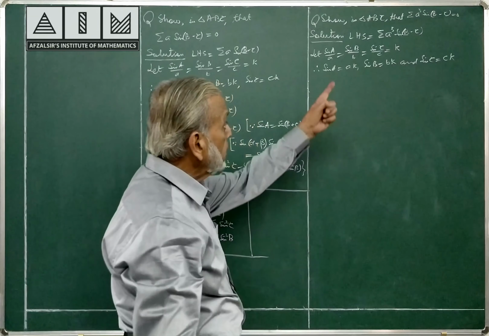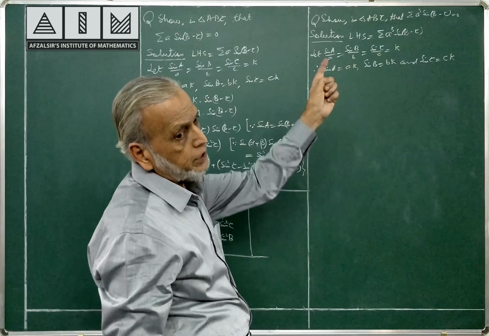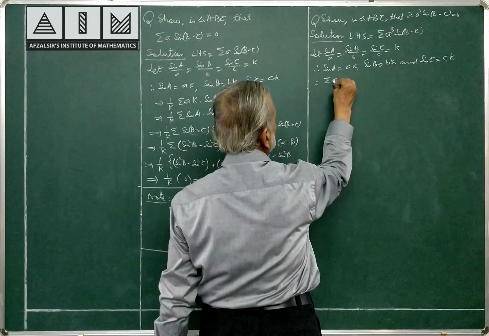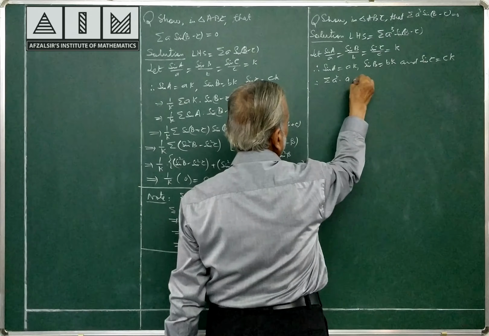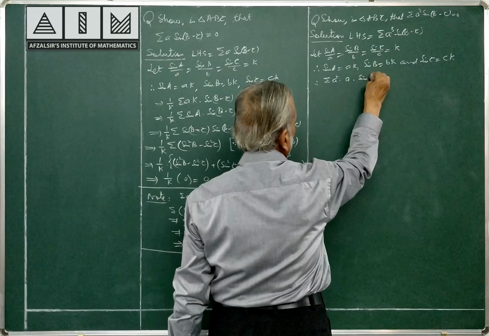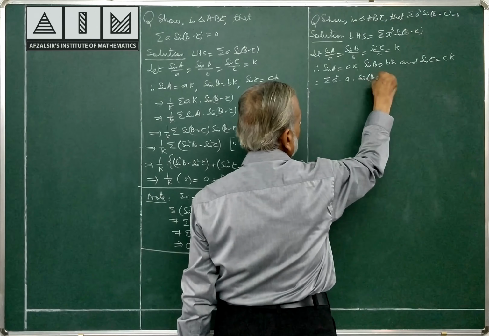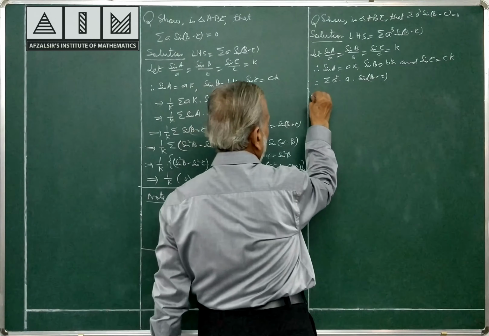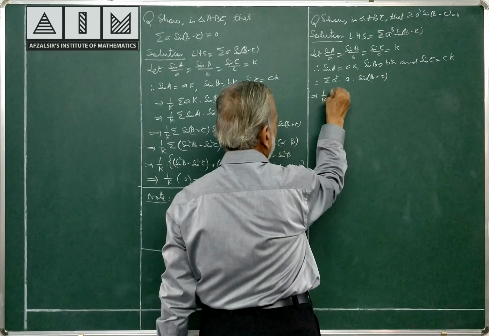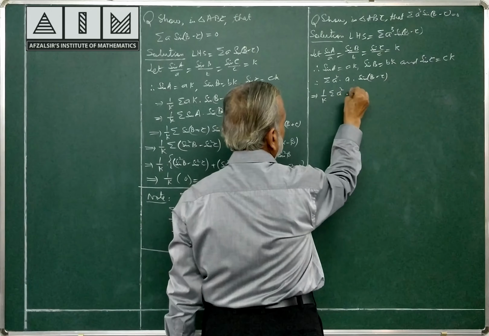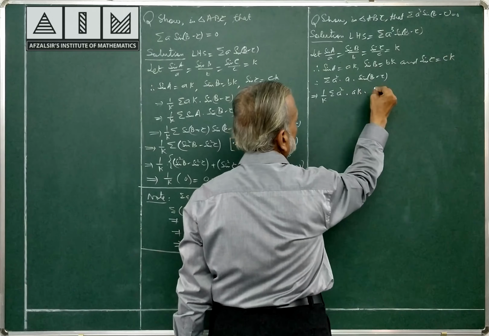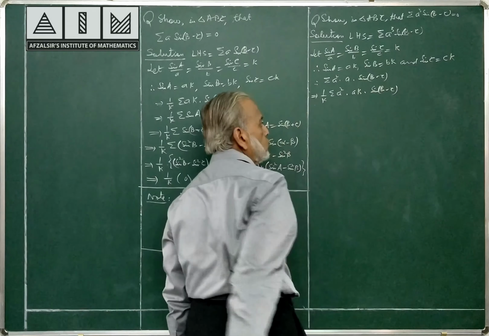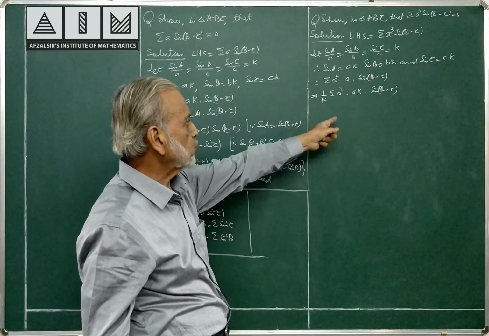Your left hand side sigma a cube sin(b minus c), I am rewriting. This is your a cube remodeled. A cube is written as a square into a, and as before multiply and divide by k. This is the same step that you have seen in the previous question.